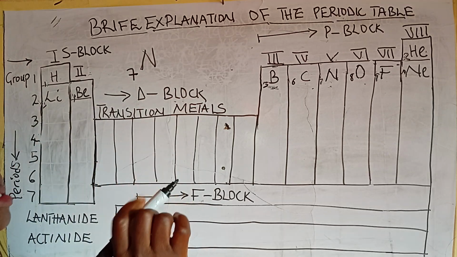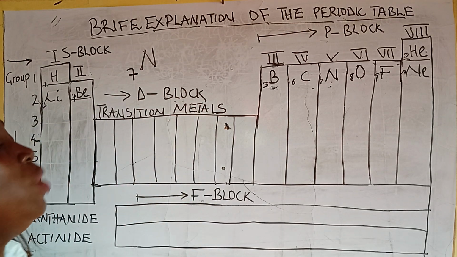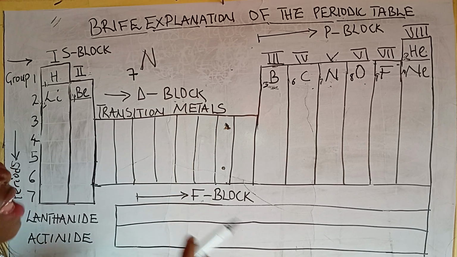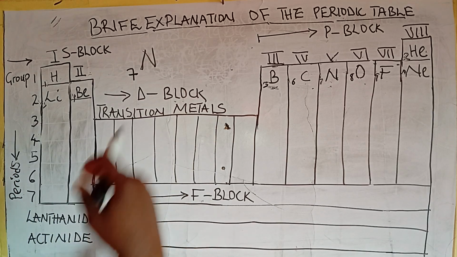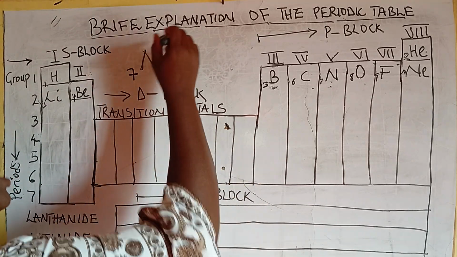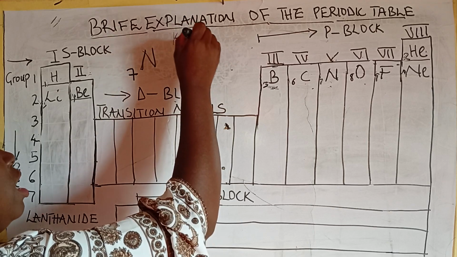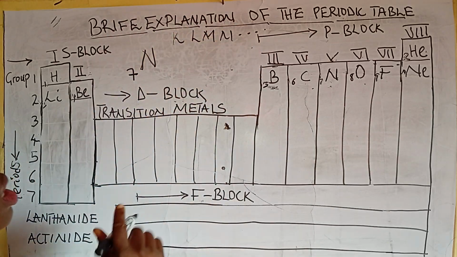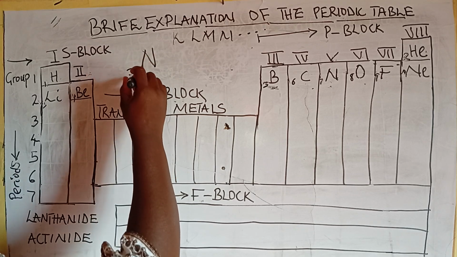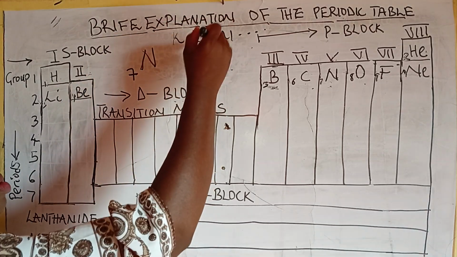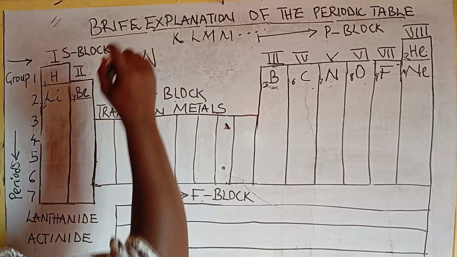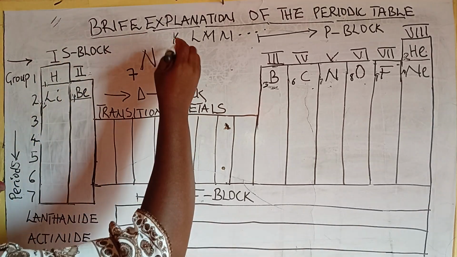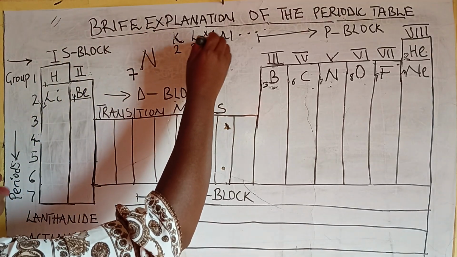Now, remember in our previous lesson, we learned that electrons are found in the shells, and these shells exist at different energy levels. We have the K shell, the L, the M, the N, and so on. When filling these electrons into the shells, the K shell has the ability to take maximum of 2 electrons, while these ones can take maximum of 8, 8, 8.